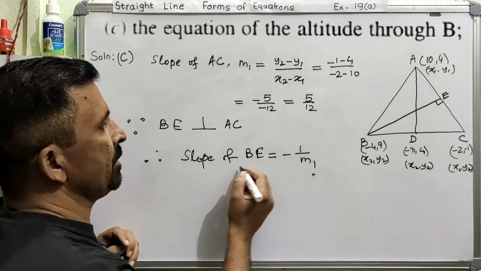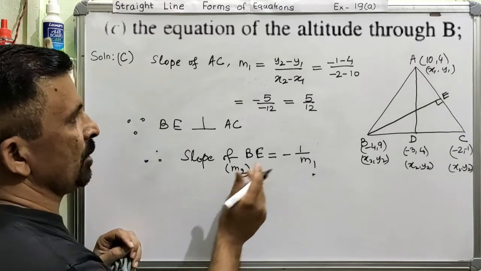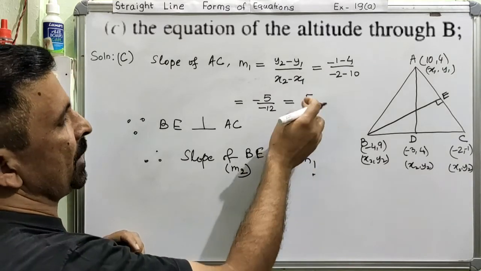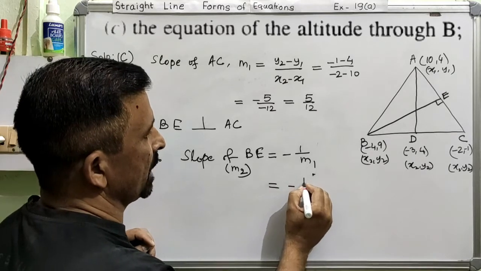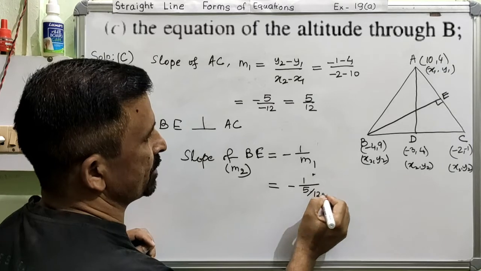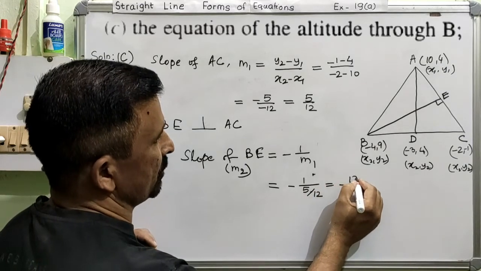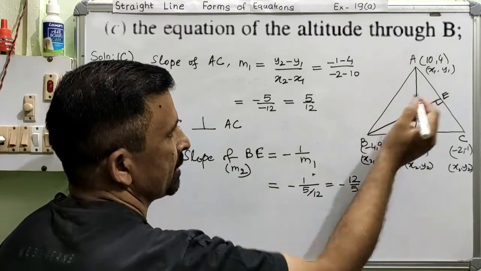Clear? Slope of BE we will take as M2. Now write the value of M1. M1 we have calculated 5 over 12. So this is equal to negative 1 over 5 over 12. Now this number will go upside down. So this becomes minus 12 over 5. So this becomes the slope of your BE.